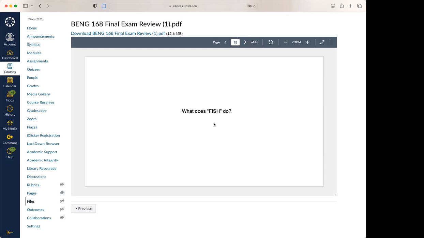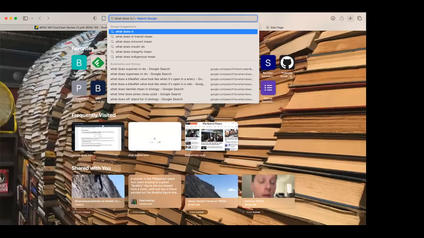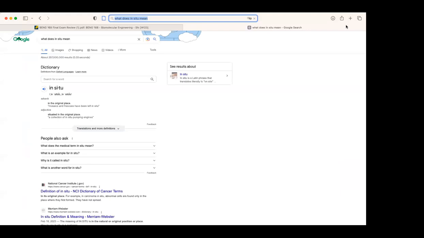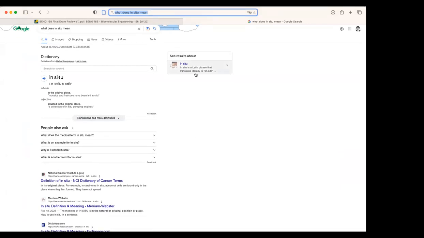Look at a tissue. In situ, what does in situ mean? I think it means actually in the organism. Not in the body, but in the original place.